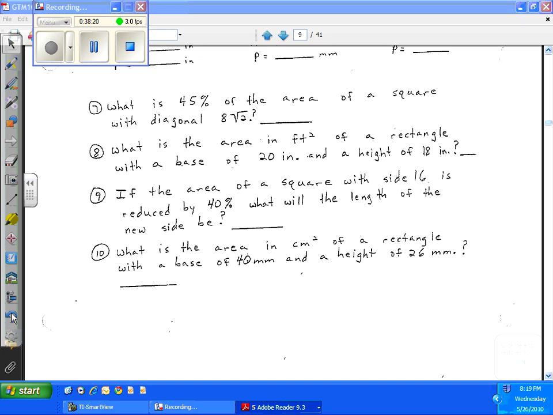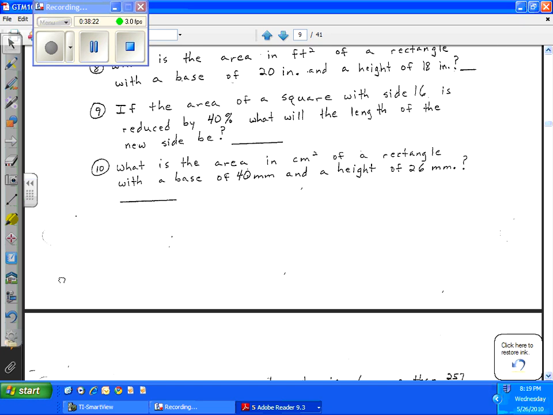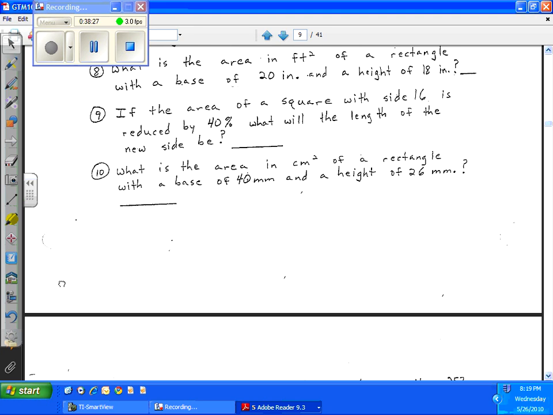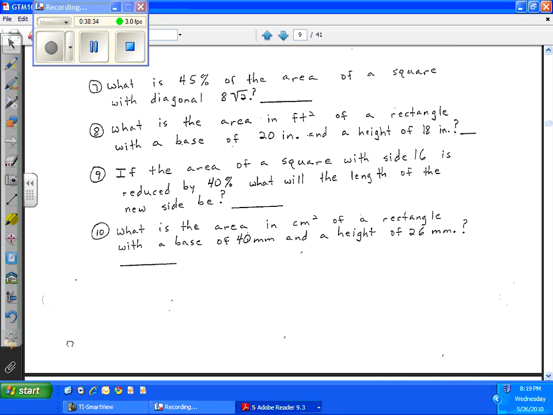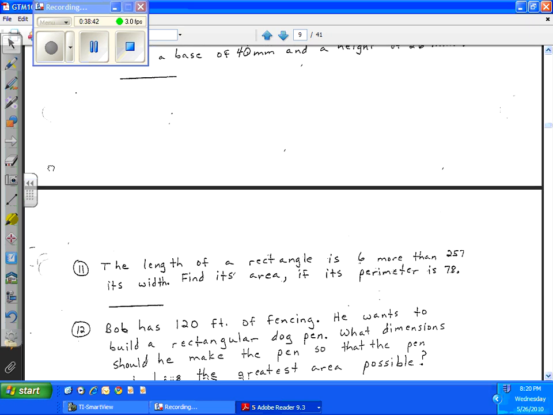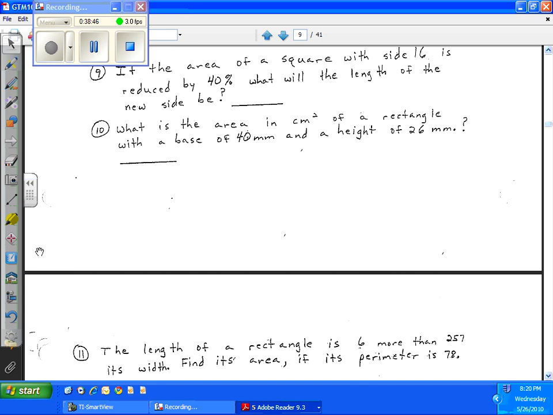Okay. Let's just look at number 10. Let's try to scan and see which one I wanted.